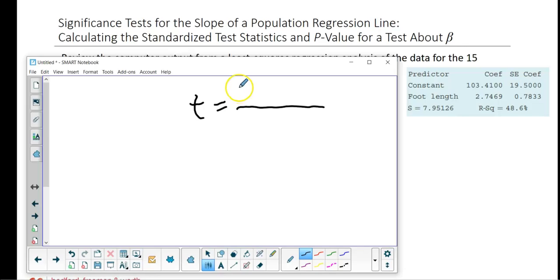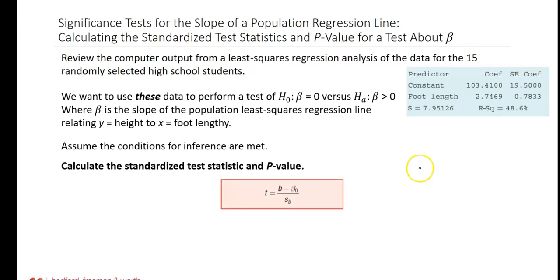You take the slope from the sample, 2.7469, minus the null, which is 0 slope, divided by SB, the standard deviation of the slope, which is 0.7833. It's always the number right next to the slope there. Then you type that in your calculator and see what you get: 3.507.